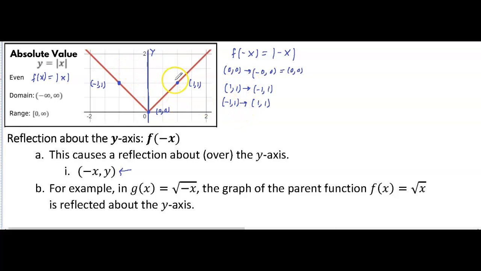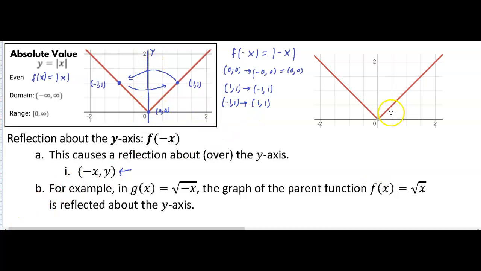This point goes there, and this point goes there, so we are symmetric. Looking at the graph, we see that everything stayed the same. That's because the points on the right-hand side of the y-axis got flipped to the left-hand side, and the points on the left-hand side got flipped to the right-hand side. So it just flipped over, and it looks identical.